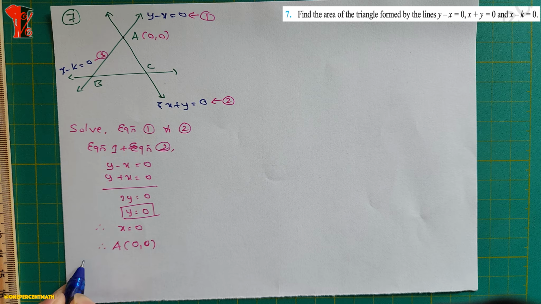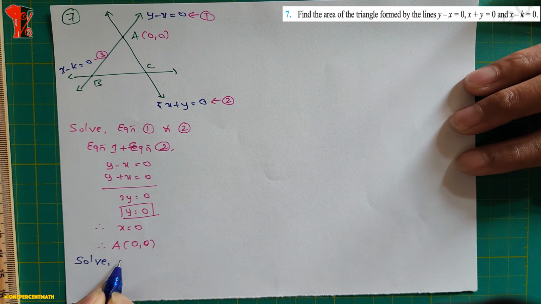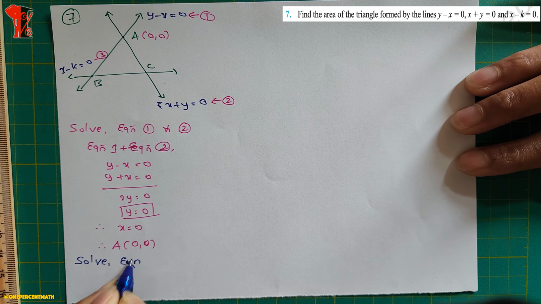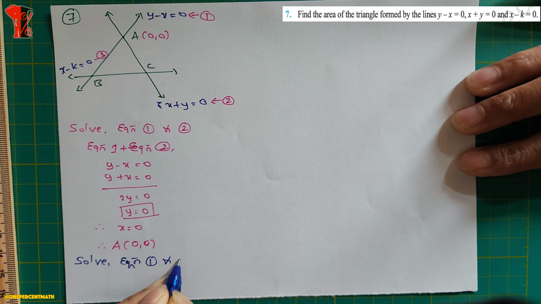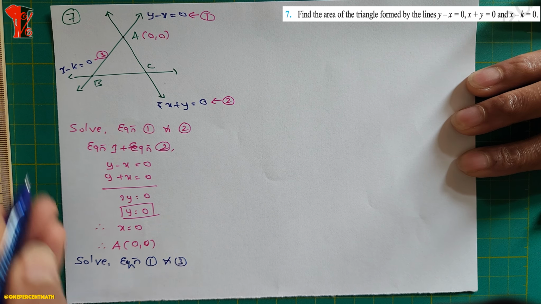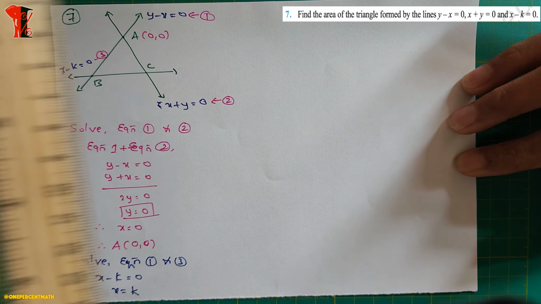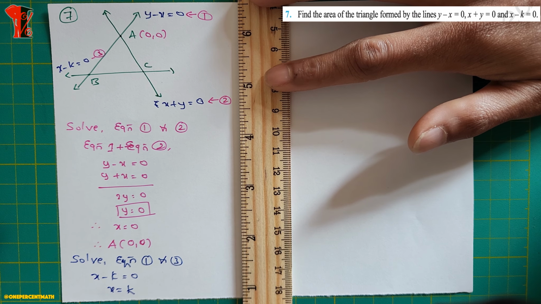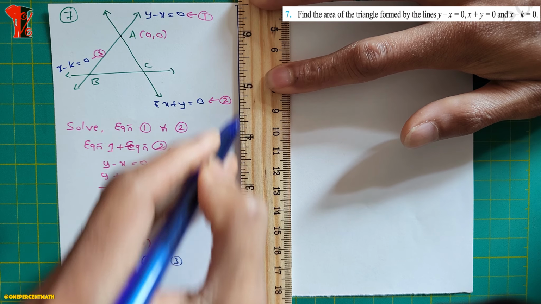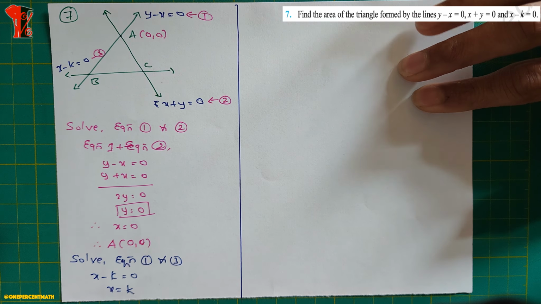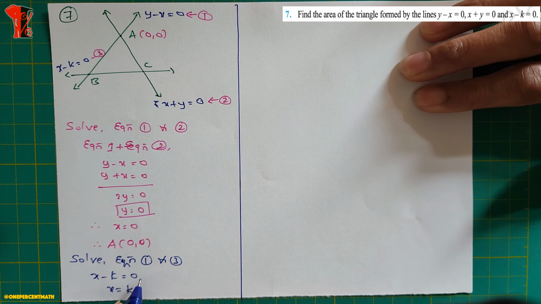So now we are going to solve equation 1 and 3. x minus k is equal to 0, right? So therefore x is equal to k. So that means y I can find easily, correct? x is equal to k. This I got from equation 3.